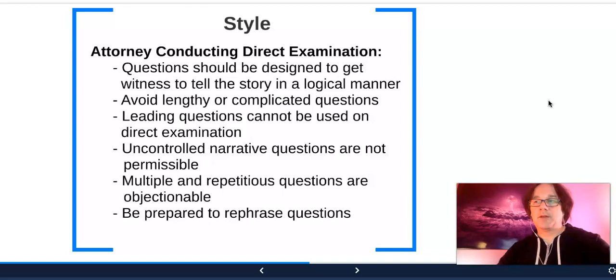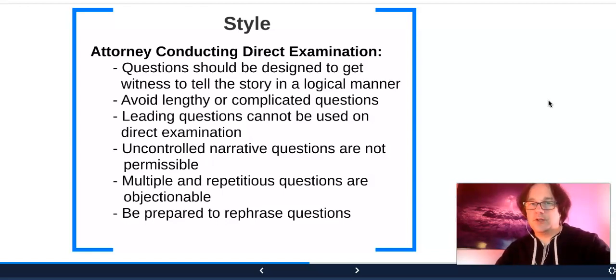So tell me what happened at this place on that day between these two people, right? You can't just give an open-ended question that lets people go off on anything, any story that they want to tell.